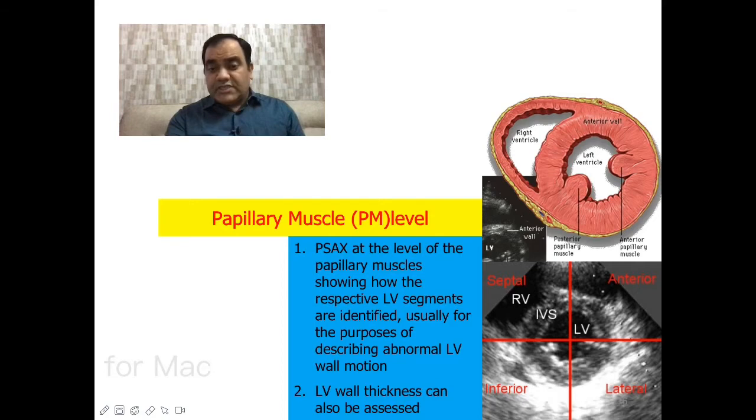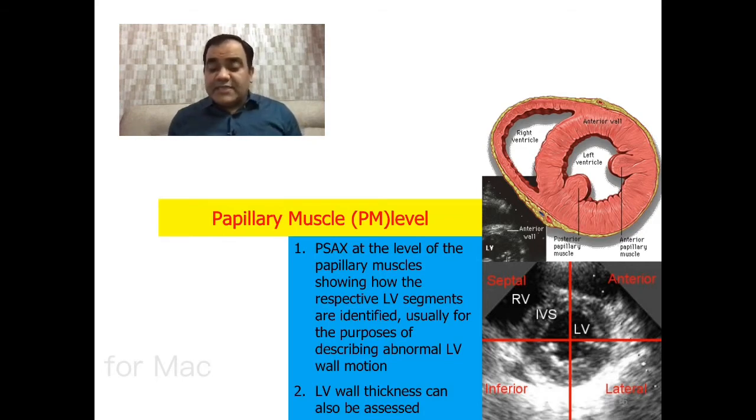So this is the short axis view at the papillary muscle level, and here we divide the total LV cavity into four parts to recognize the LV wall motion abnormality. 12 to 3 belongs to anterior segments, 3 to 6 belongs to lateral segments, 6 to 9 belongs to inferior segments, and 9 to 12 belongs to septal segment.